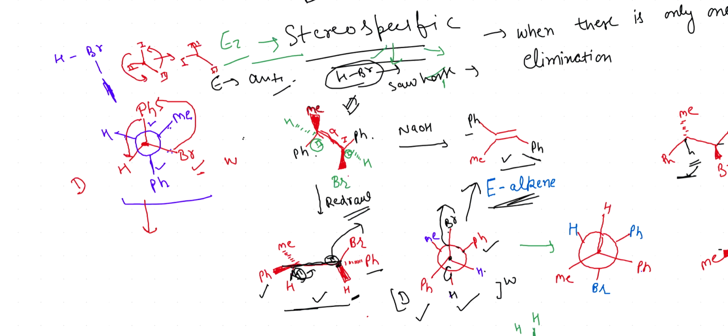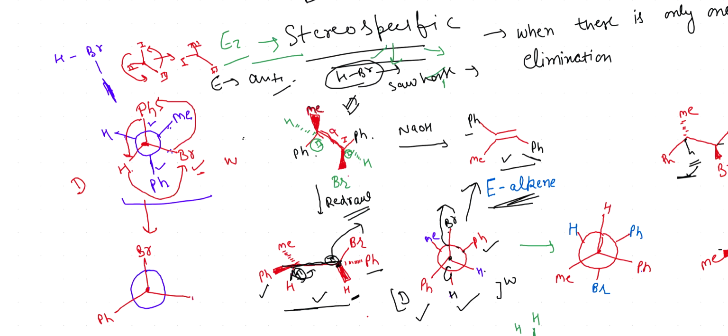After interchanging the positions for carbon number 1, bromine is at this position, and this phenyl will be at this position, and this hydrogen will take the place of bromine.